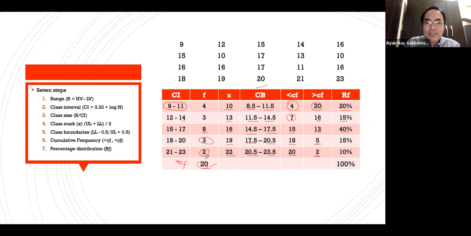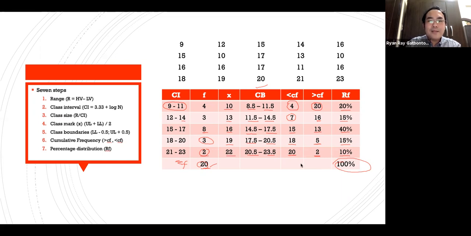Again, this one is 3 divided by 20, you get 15%. And 2 divided by 20, you get 10%. For a total of 100%. Okay? So this is the step that you do when constructing your frequency distribution table.